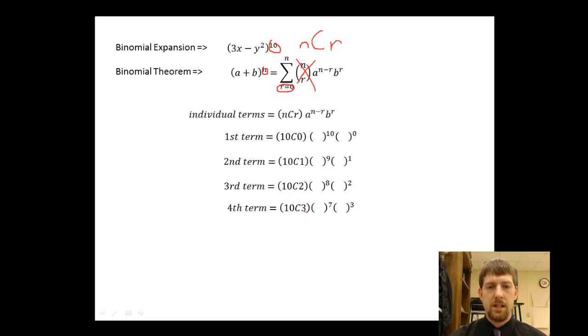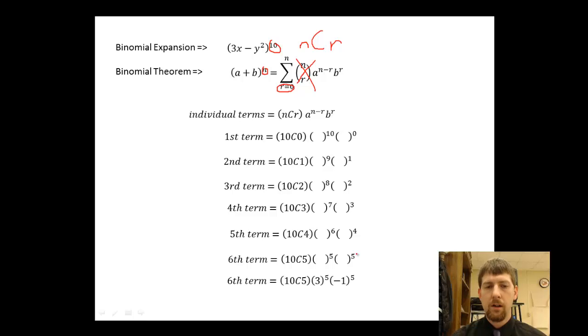Fourth term, 10C3. So I'm still decreasing by 1 every time, increasing by 1. Overall is 10. So we've just established a pattern. There's the fifth term and the sixth term. This is what we want to get to. 10C5, to the fifth and to the fifth. So n minus r, so 10 minus 5 is 5. And then we have 5 for the other exponent.